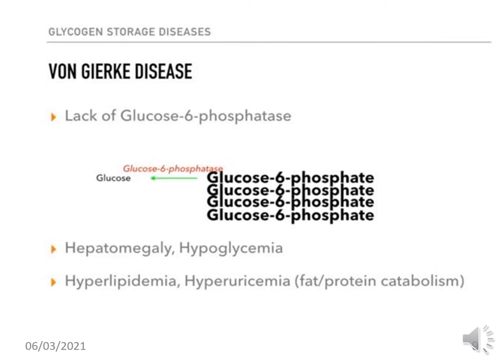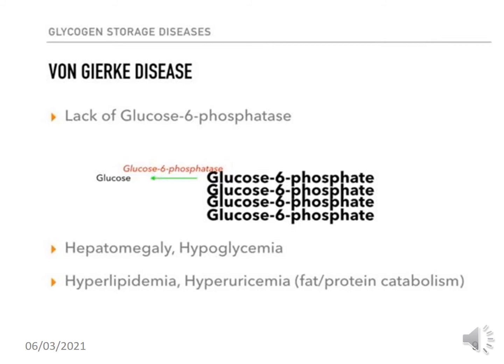Lack of glucose 6 phosphate means absence of glucose 6 phosphate. That means accumulation of glucose. Von Gierke disease, type 1 of glycogen disease, is absence of glucose 6 phosphatase.